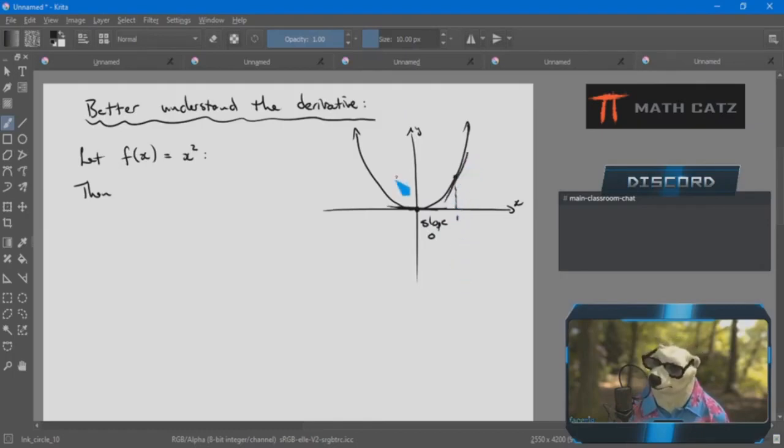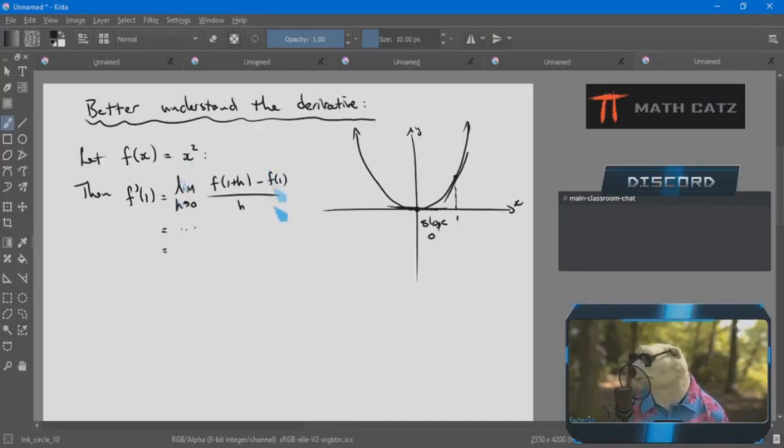Maybe I want to know what is the slope of the tangent line at 1. Okay, well then I'm going to have to find the derivative at 1. And I'll set up the limit definition, which I have memorized, f of 1 plus h minus f of 1 over h, and I have to find it. I'm going to leave you to it.